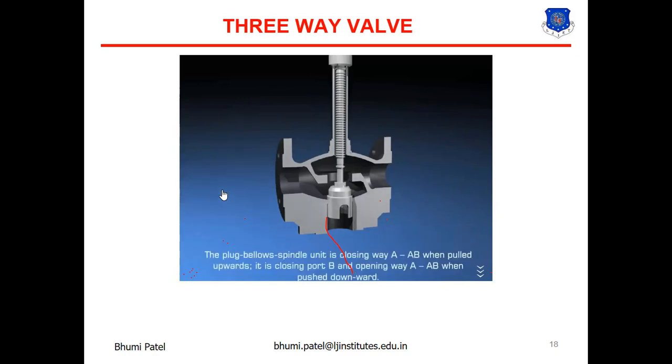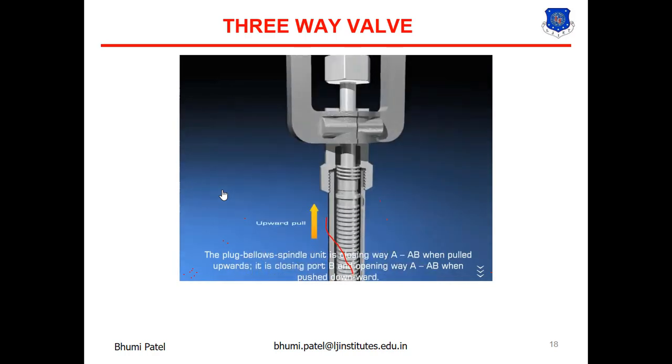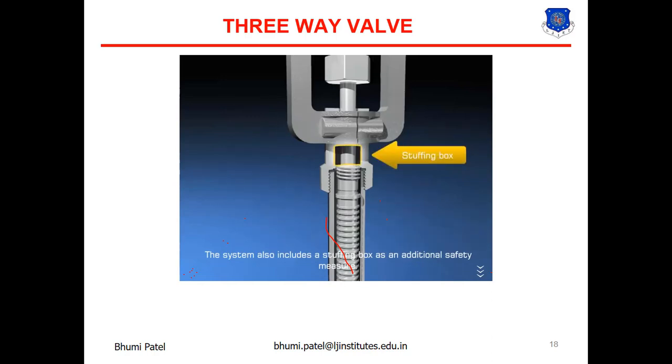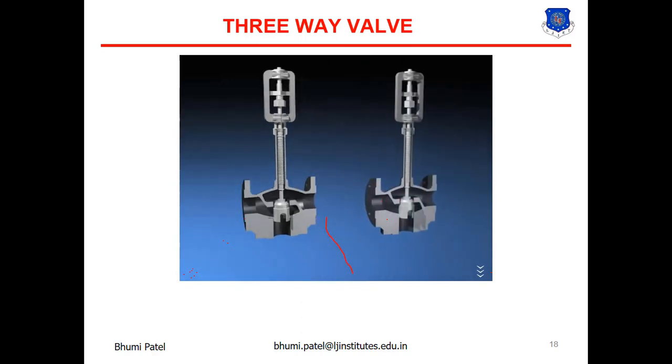Whenever the plug below the spindle unit is closing the way A and AB, when pulled upward it is closing port B and opening the way AB, and when it is pushed downward, the reverse. This type of system includes the stuffing box as the body of the valve.